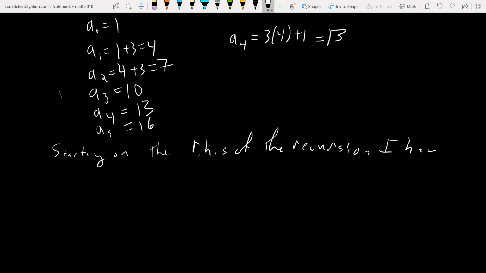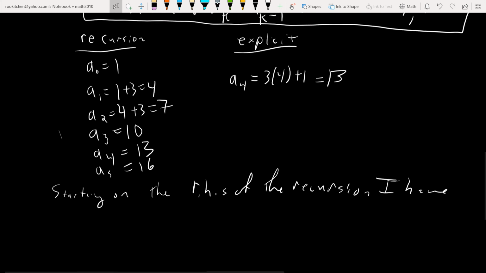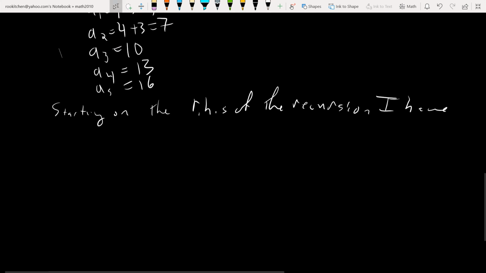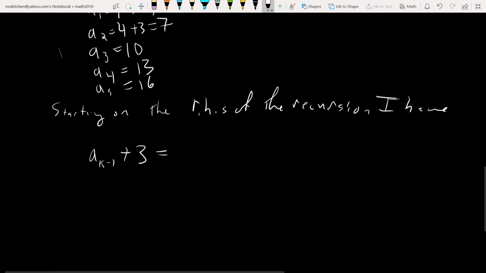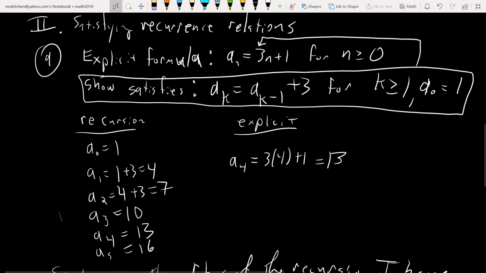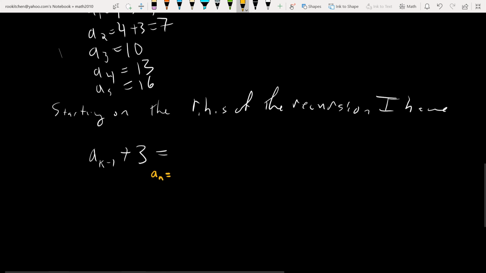So looking back, I have a sub k minus 1 plus 3. Now I'm going to do a substitution with the explicit formula. My explicit formula was given above as a sub n equals 3n plus 1, right? To do a substitution here, I'm just replacing n with k minus 1.